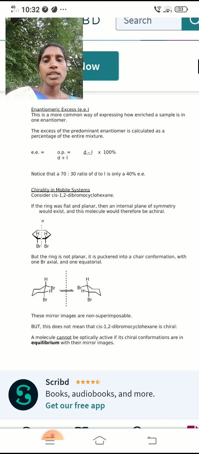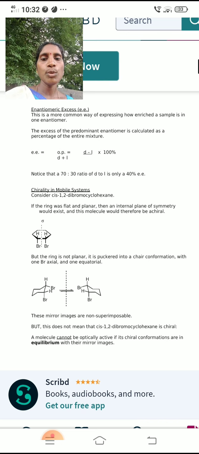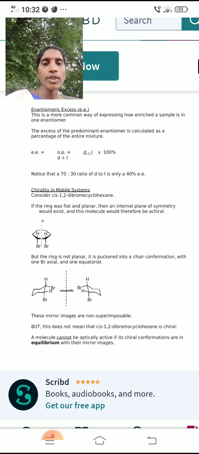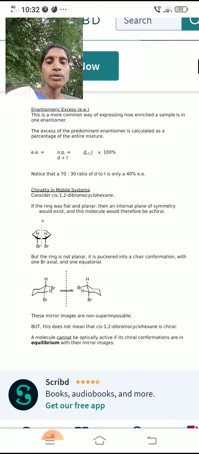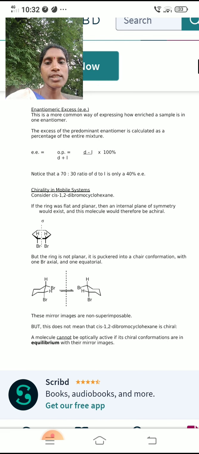The next topic is chirality in mobile systems. Consider the molecule cis-1,2-dibromocyclohexane.